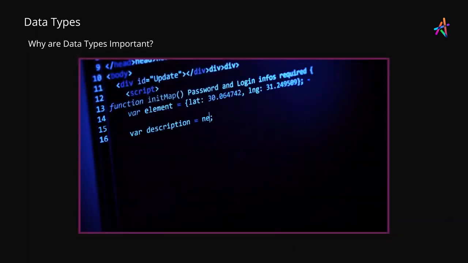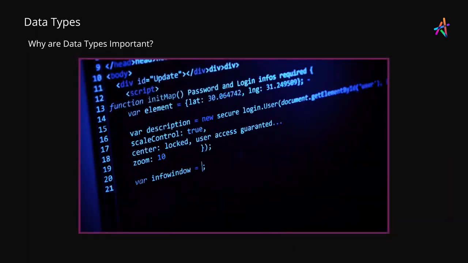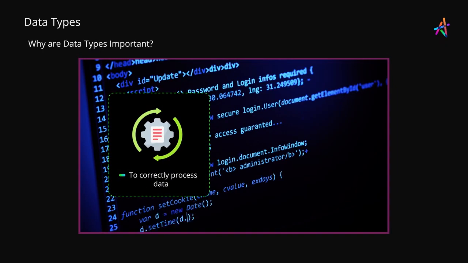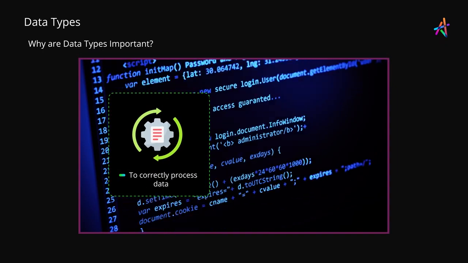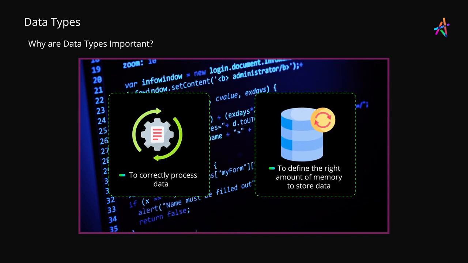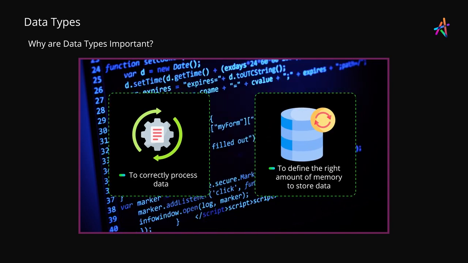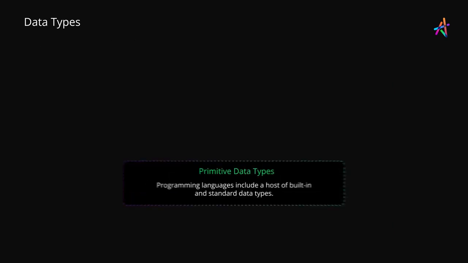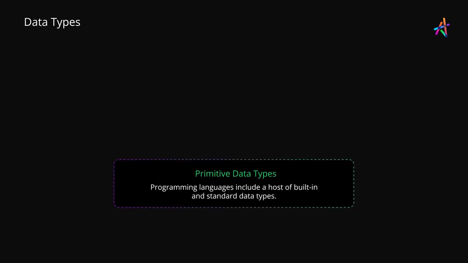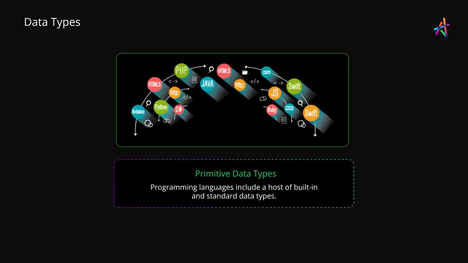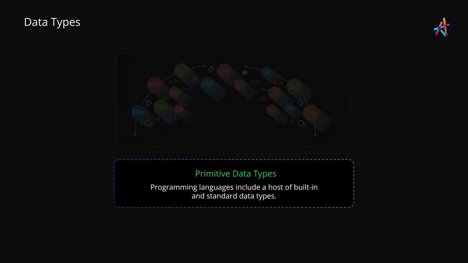Languages need to know the data type associated with the values that they need to work with to correctly process the data and to define the amount of memory to use for storing the data. Every programming language includes a host of built-in data types known as primitive data types that you can use to express data. Let's explore some of the common categories of data types that programming languages offer.